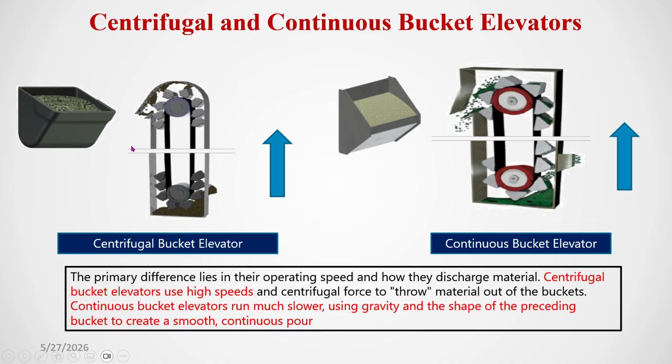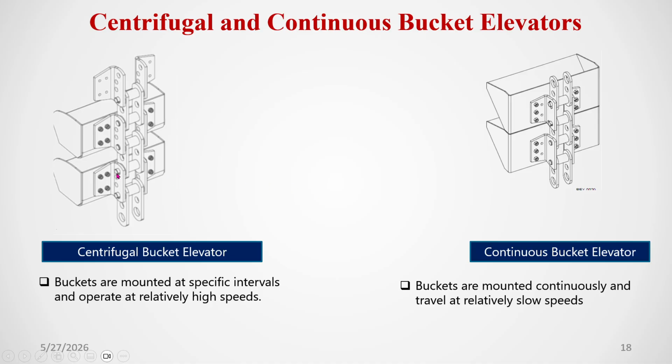Here, due to centrifugal force it will fall down, and in the continuous type the preceding bucket helps create a smooth and continuous pour. Here the buckets are mounted very close, touching each other, so there is continuous pouring.